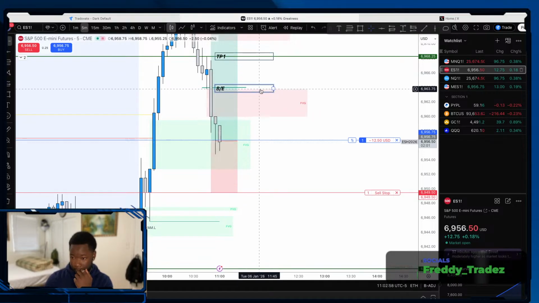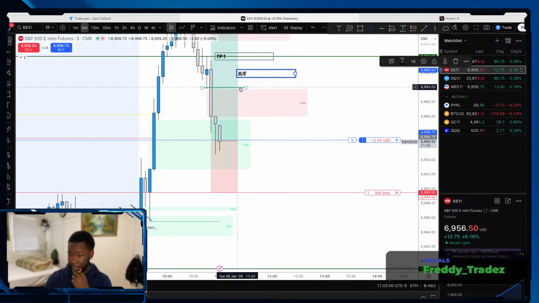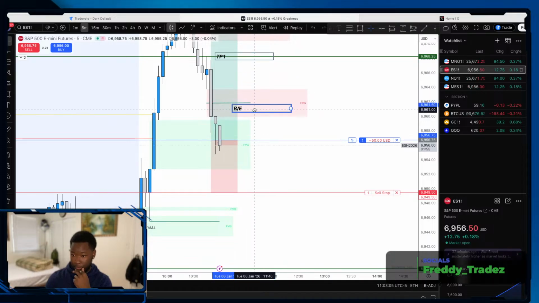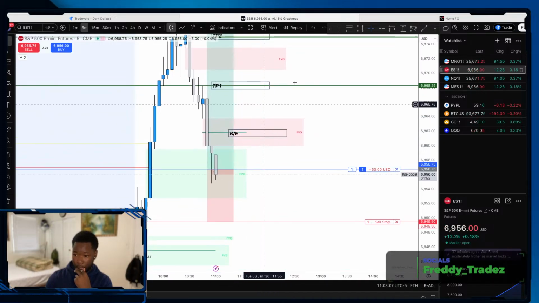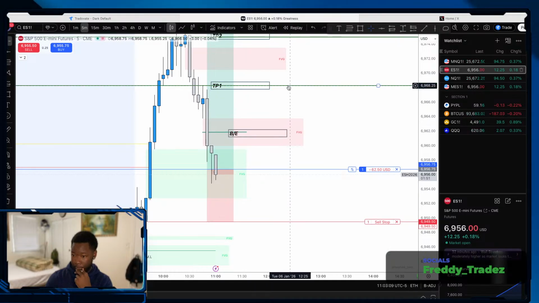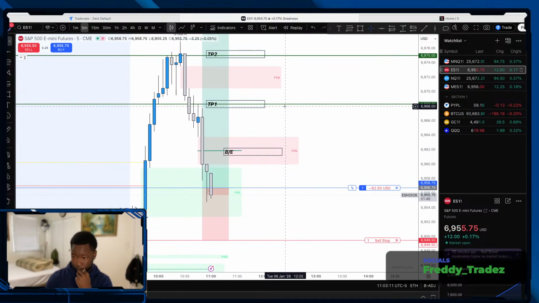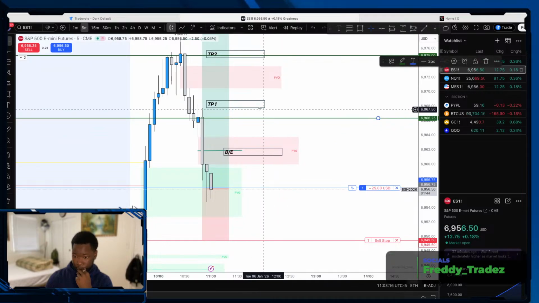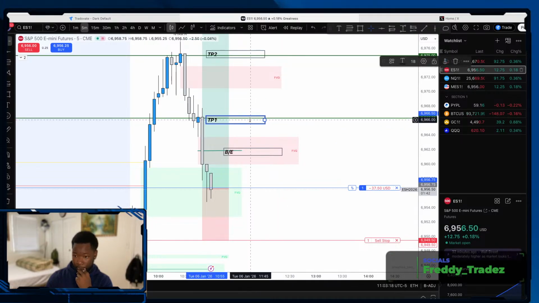Let me see, I could adjust the break even a bit because we have a 5 minute gap here. So put it to the CE of this 5 minute. Take profit up here.